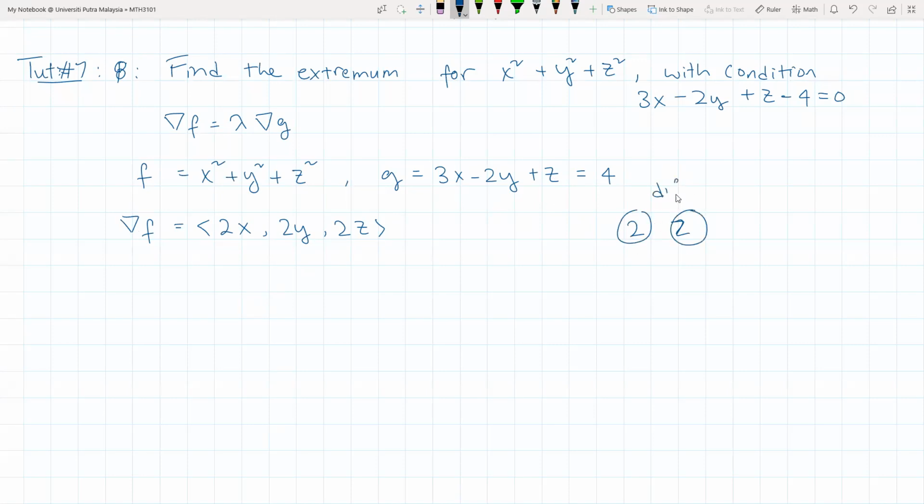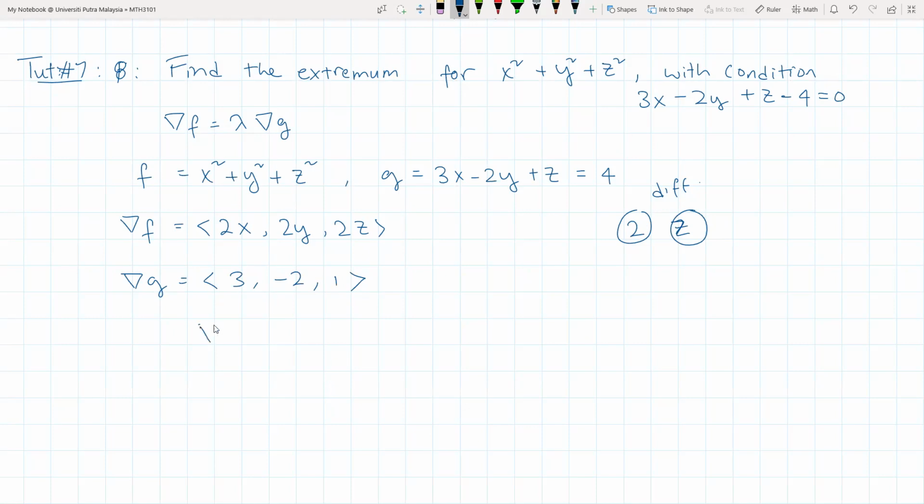I usually put the horizontal line on z to differentiate between 2 and z. And then the gradient of g is 3 in x, minus 2 in y, and 1 in z. Okay, any questions so far?